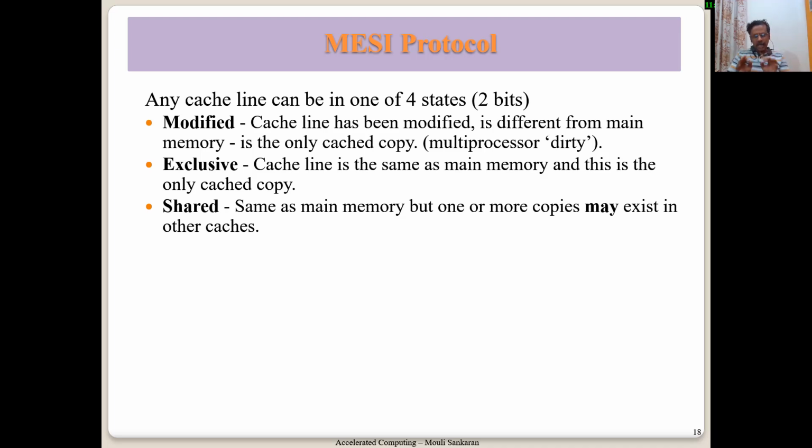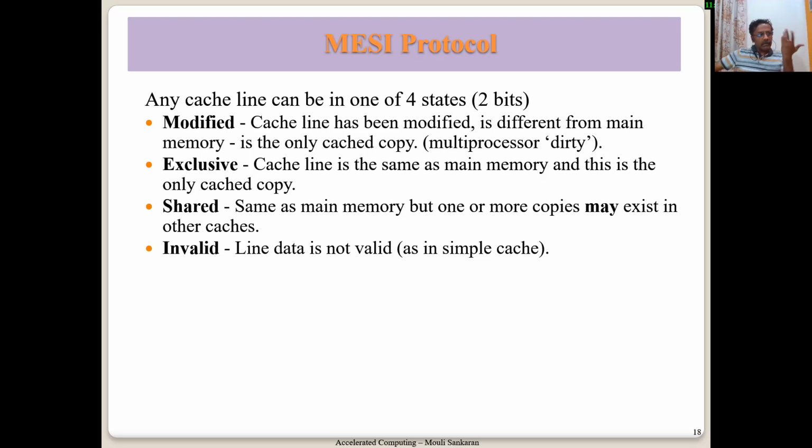That's why I'm saying shared means another copy is there somewhere else, and both are in sync with the main memory. The shared copies are also the same, and the main memory content is also the same. Both cores are using it for read purpose. Invalid, no issues. That block in that core is an empty block.